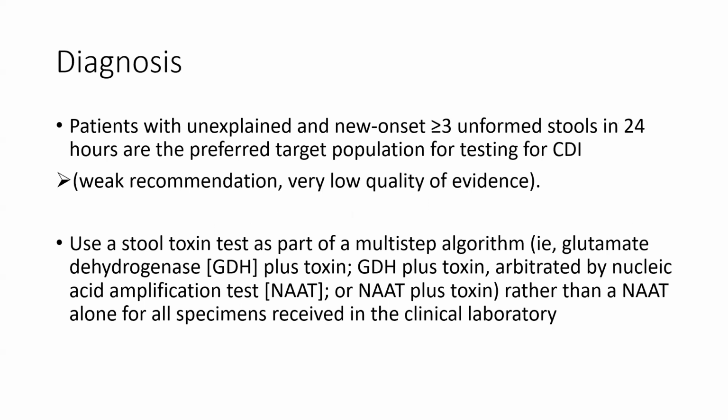Now, how to diagnose? So, if the patient has unexplained and new onset more than 3 unformed stools in 24 hours, these are the preferred target population for testing Clostridium difficile infection. So we need to use the stool toxin test as a part of multi-step algorithm, like glutamate dehydrogenase plus toxin, GDH plus toxin, arbitrated by nucleic acid amplification test, or nucleic acid amplification test plus toxin rather than nucleic acid amplification test alone for all specimens received in clinical lab.